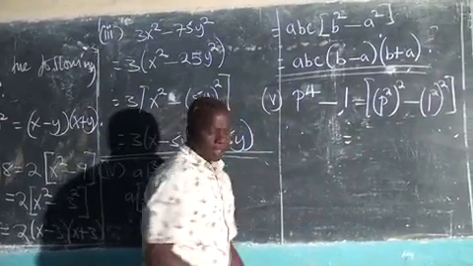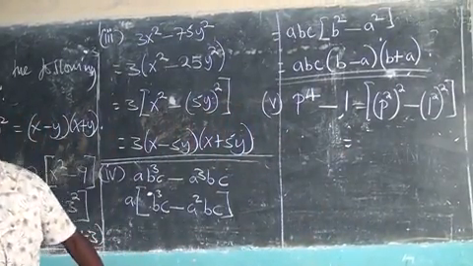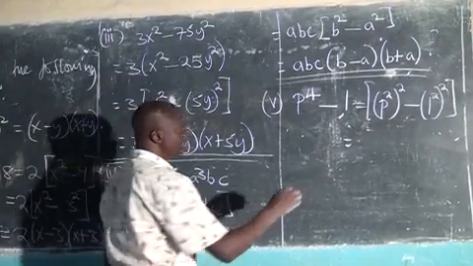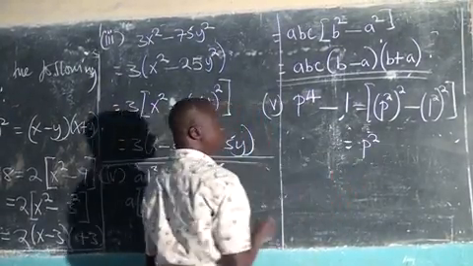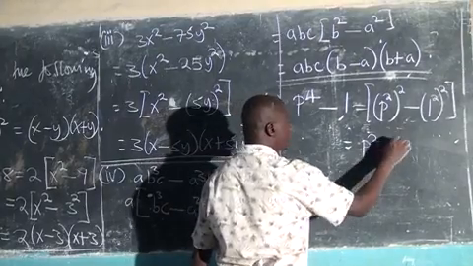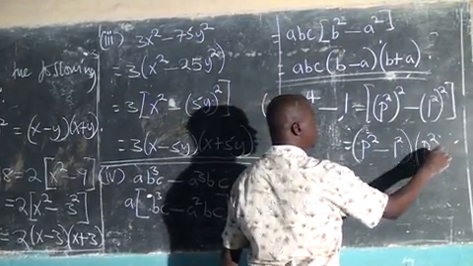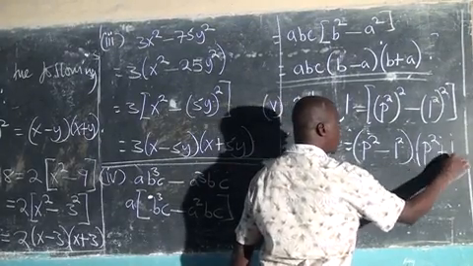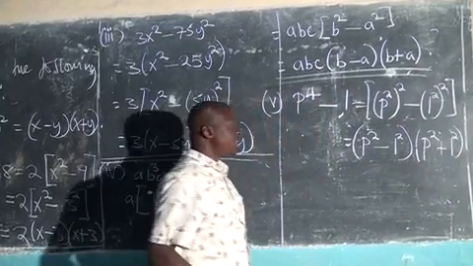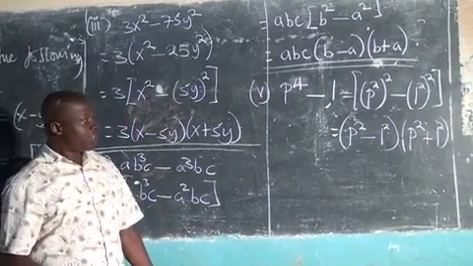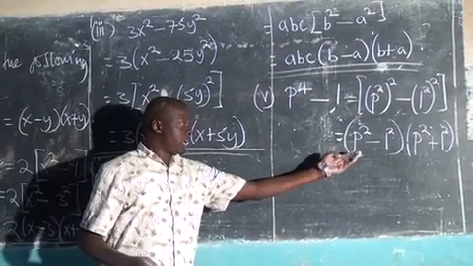By applying the difference of two squares, this is (p squared minus 1 squared) then (p squared plus 1 squared). In that form, we cannot draw a conclusion that this is the answer.